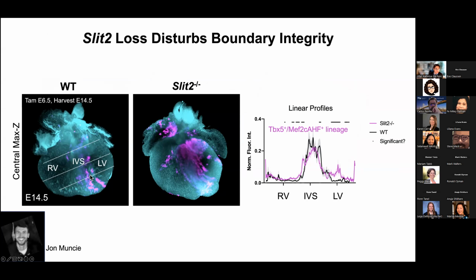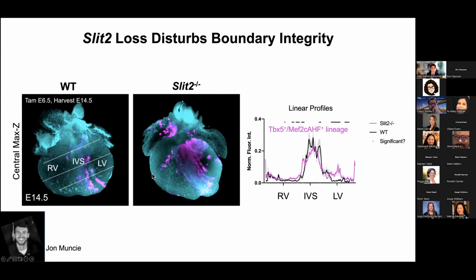It does have some cells that spill over normally into the LV, but for the most part, it's in the interventricular septum. And so here we're checking linear profiles at the base, middle, and near the apex of the heart. And we did it at a couple of different levels, anterior, middle, and then posterior.